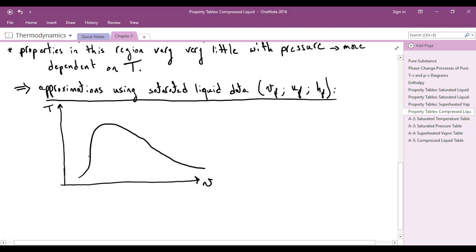If we draw a line of constant pressure, here P1, and we draw another line of constant pressure higher than P1, we can notice that in the compressed liquid region, the lines are very close to each other. So the pressure lines in the compressed liquid region are very close to each other.